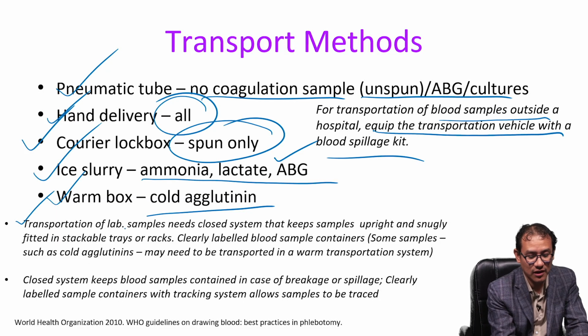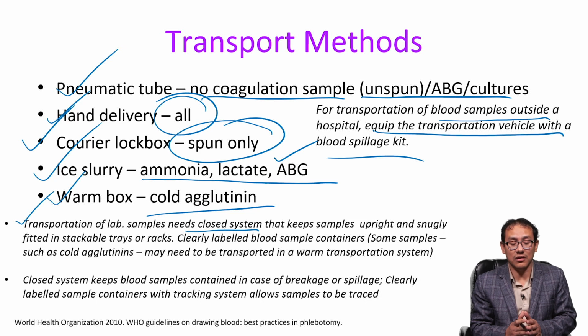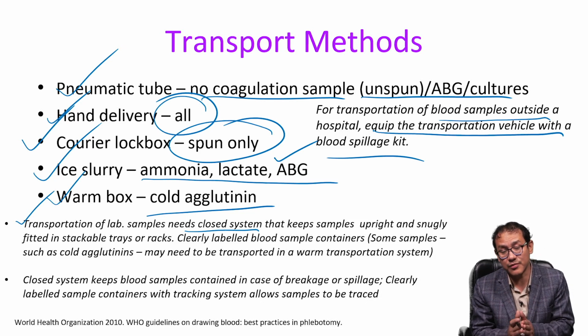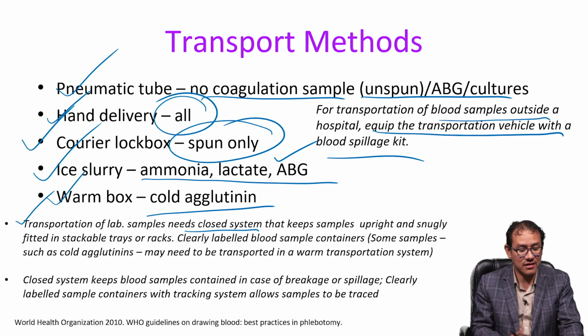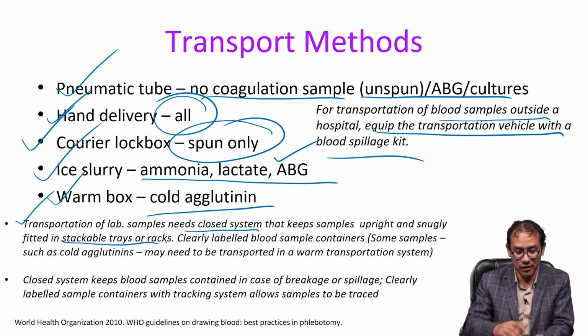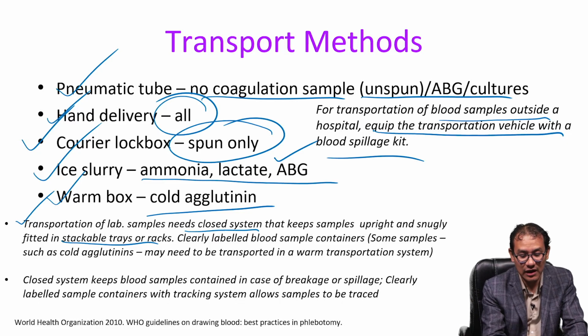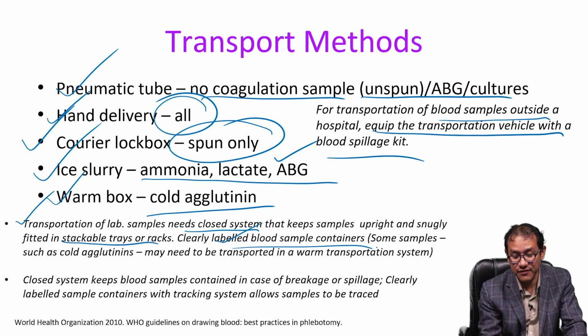And for transportation of lab samples, they need a closed system that keeps the sample upright and snugly fitted in stackable trays or racks, so that damage is minimized. A clearly labeled blood sample container is very important.